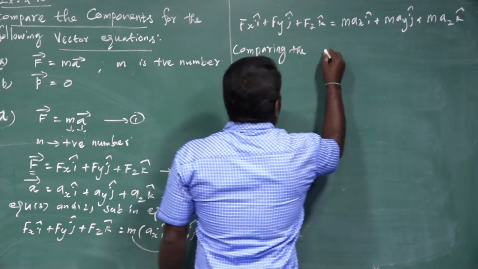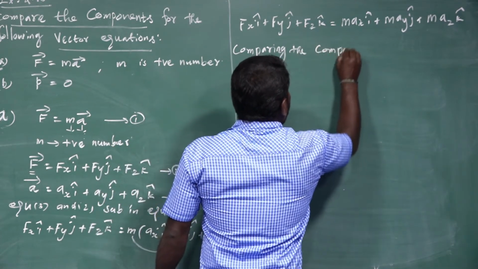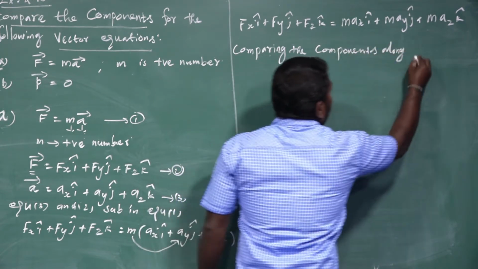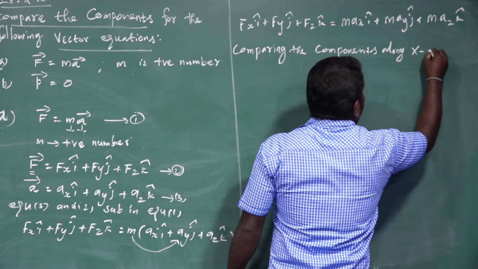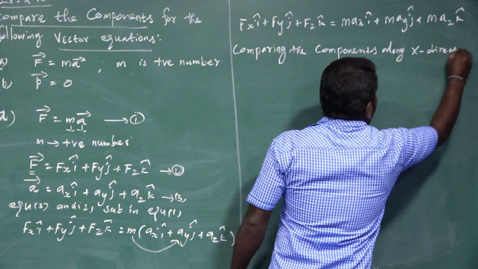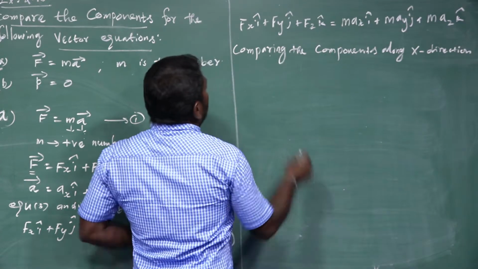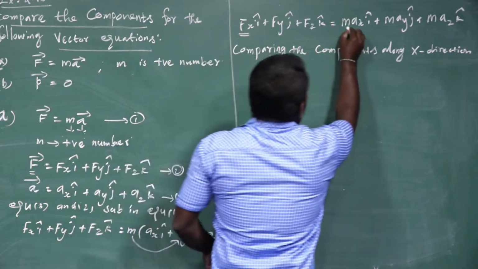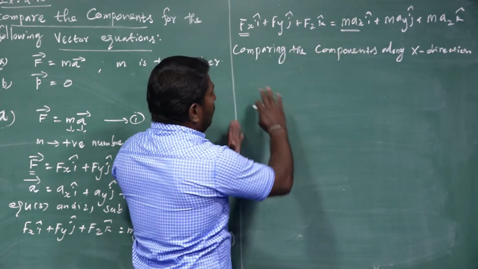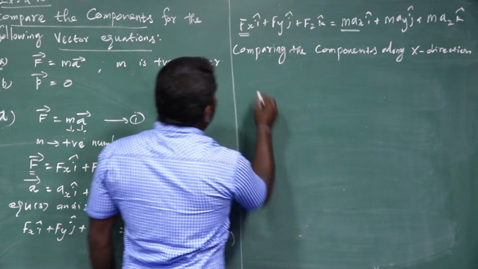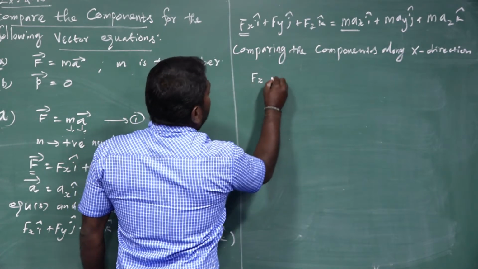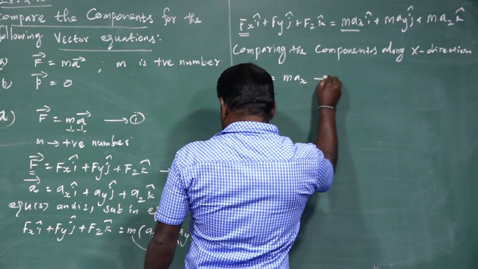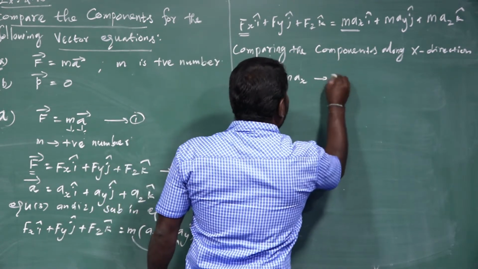Comparing the components along the x direction: Fx is equal to m Ax. This is the comparison of components along the x direction. Fx is equal to m Ax. This is equation number 4.